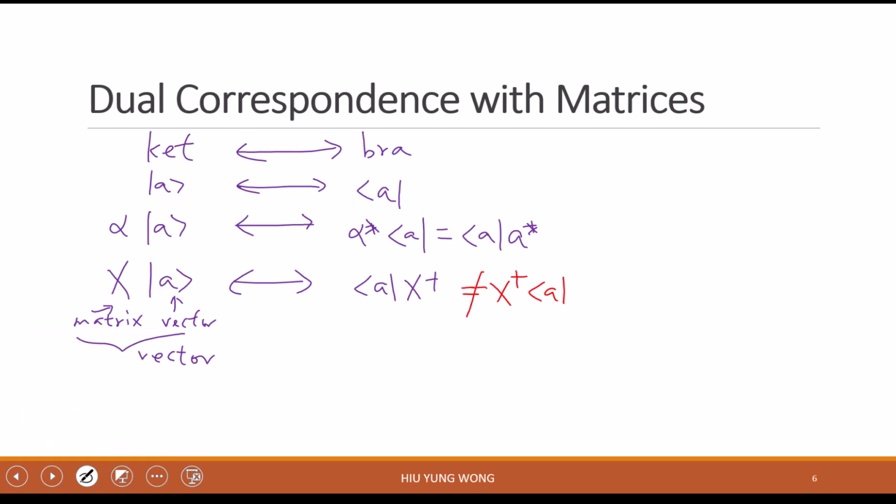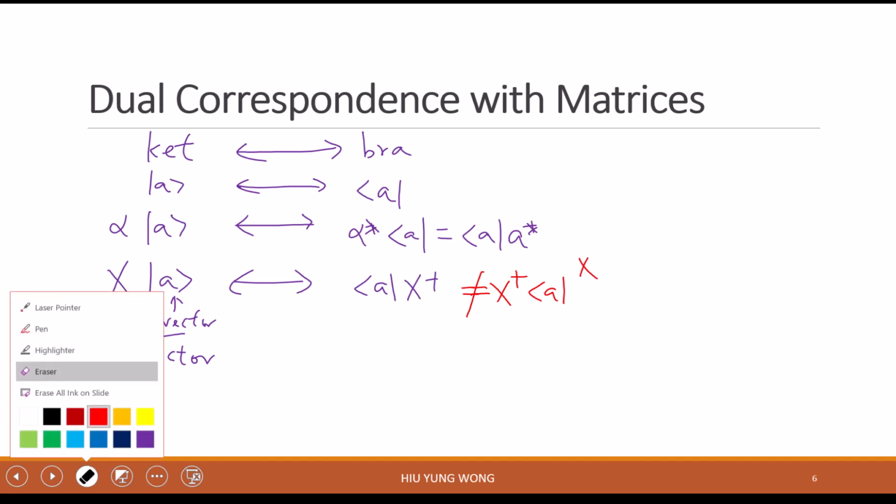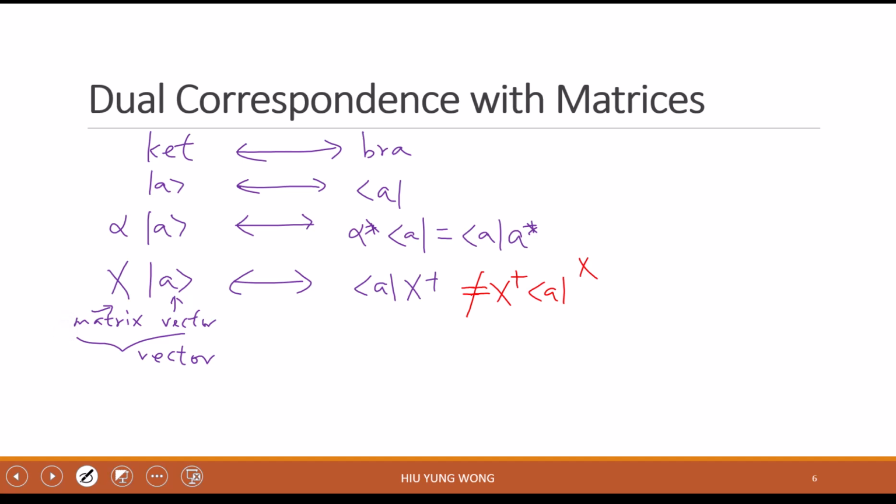So first of all, they are not equal, and not just not equal, this one is wrong, just wrong. All you need to do is just think about it. This is, let's say, an n by n matrix, but this is a 1 by n row. How do you do matrix multiplication? Row times column: this has n elements, this is 1.